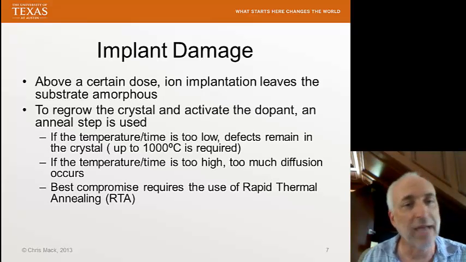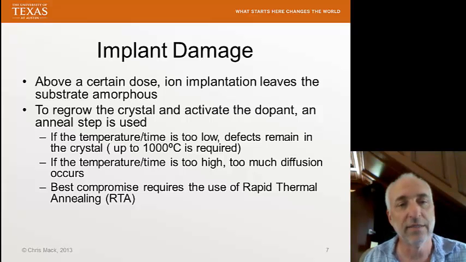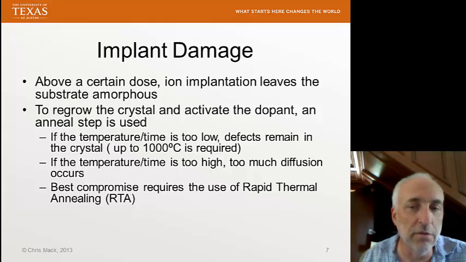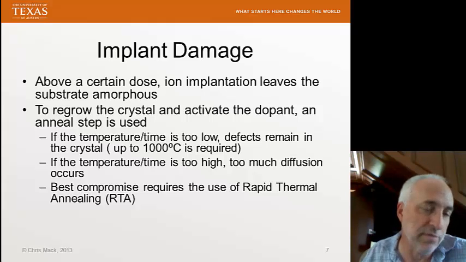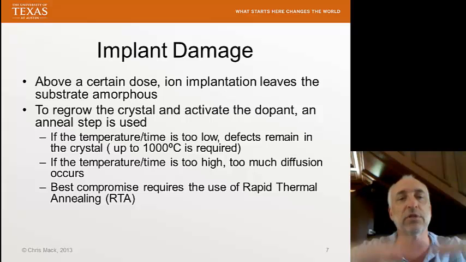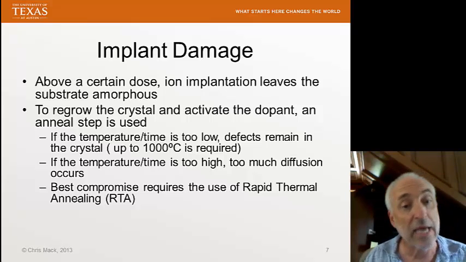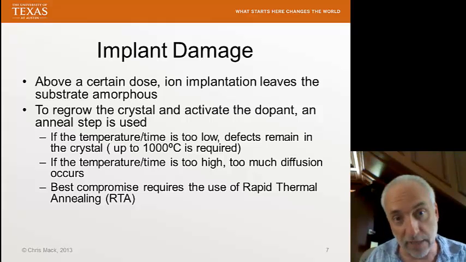But, as we've already talked about, we need to regrow the crystal and activate the dopant, and therefore we use an anneal step. If the temperature is too low, or we do it for too short a time, then we don't do a good job of annealing. Annealing is the growing of the crystal up from the seed crystal of the substrate. What we want is very low levels of crystal defects.